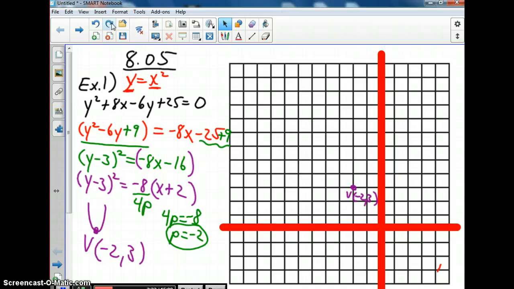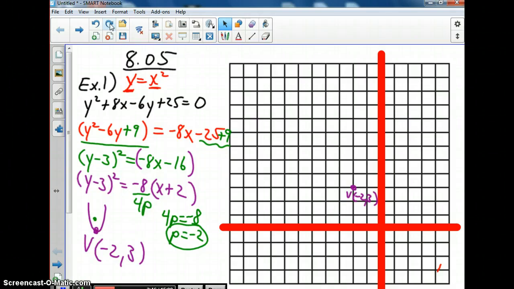Okay, now let me explain to you what that means. When p is negative 2, what it means is this. It's telling you how far from the vertex is the focus, right? You're going to see this happen up here. But it's also telling you this other thing.